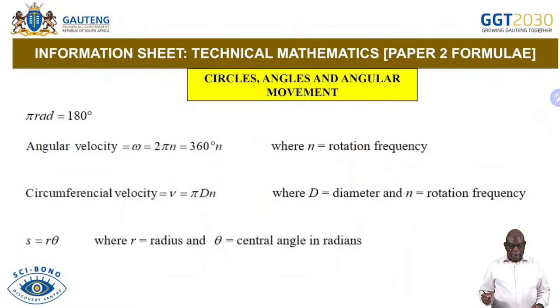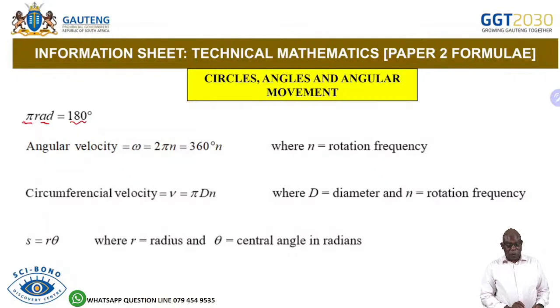Okay. Then we have circles, angles, and angular movement. Very important topic also, a topic that we have done in grade 11. There we have pi radians equals 180 degrees.